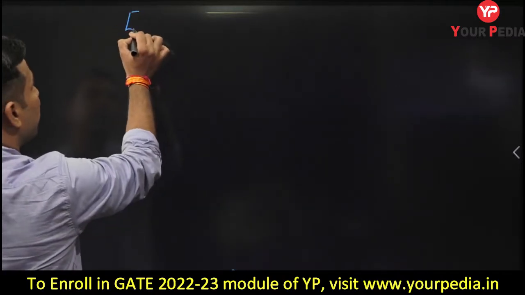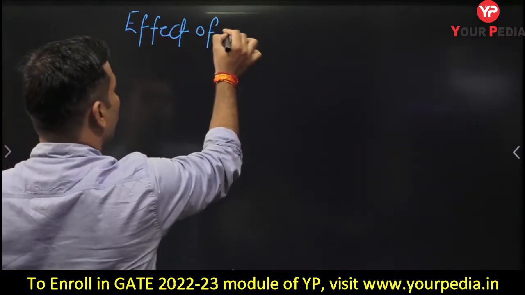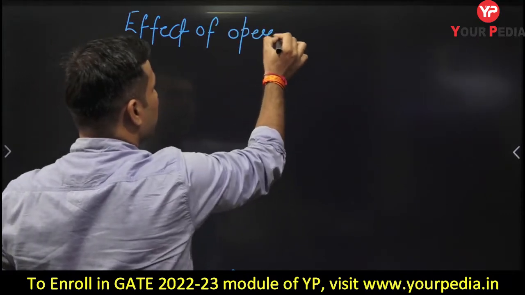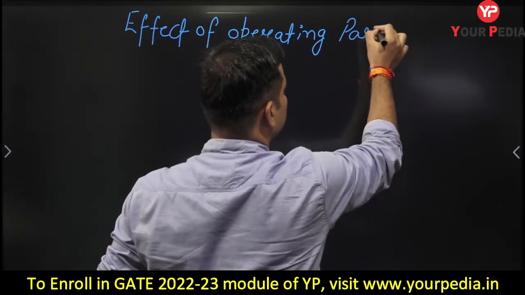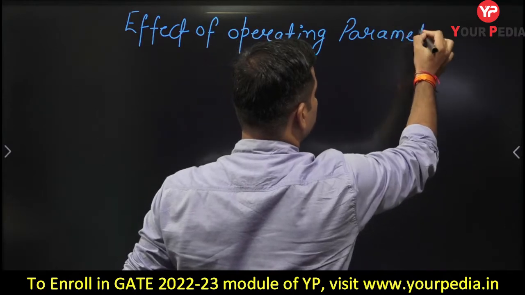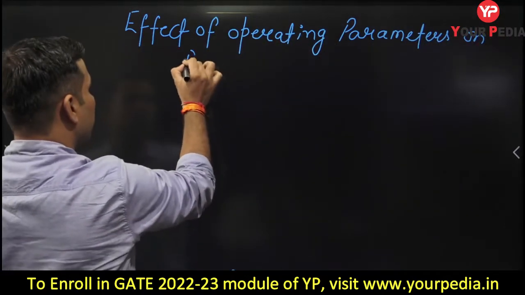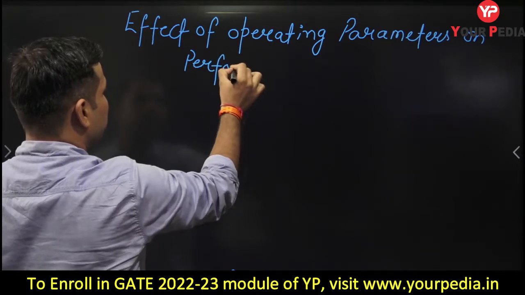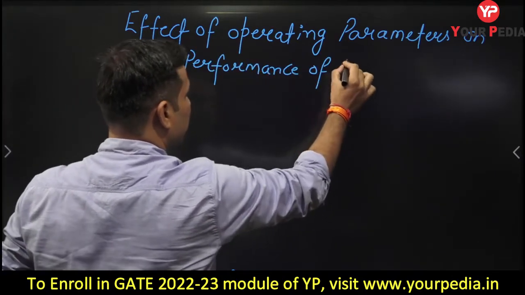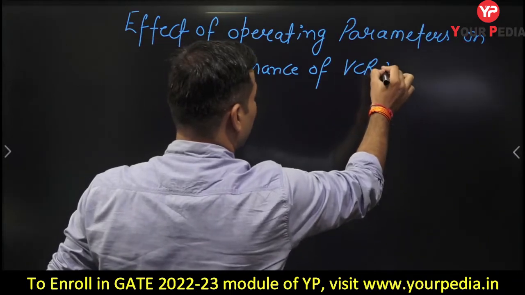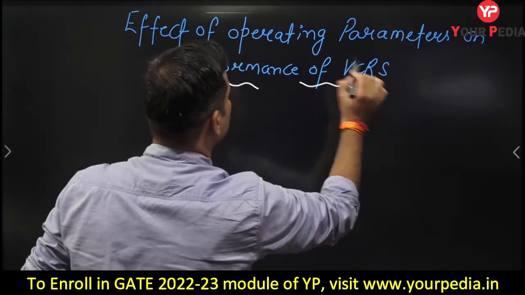Effect of operating parameters on performance of VCRS cycle, vapor compression refrigeration cycle, or what you can say vapor compression refrigeration system.